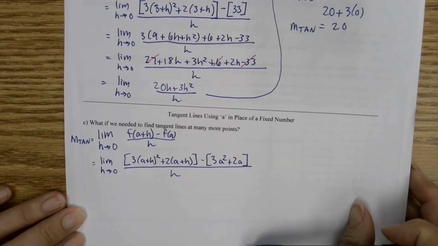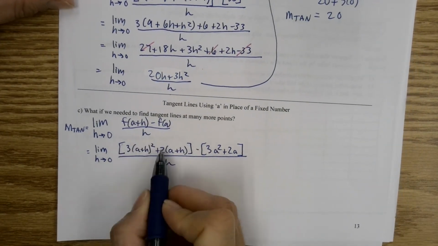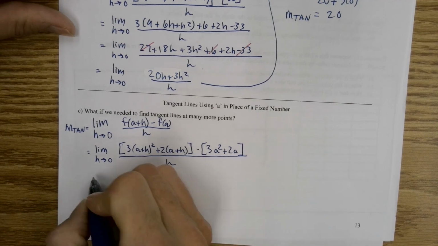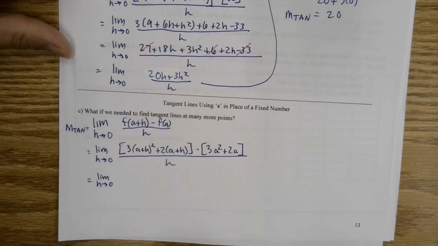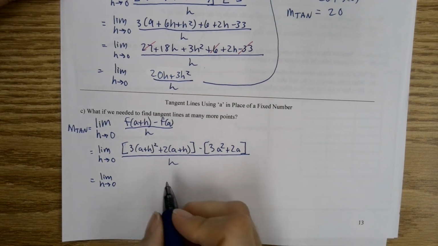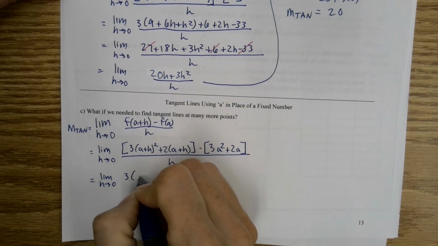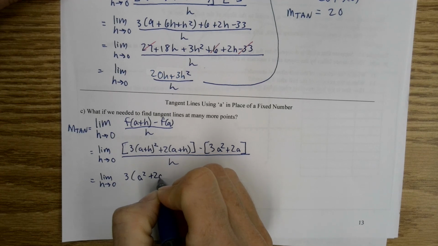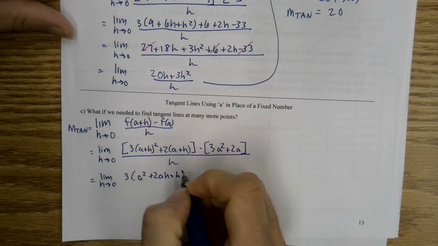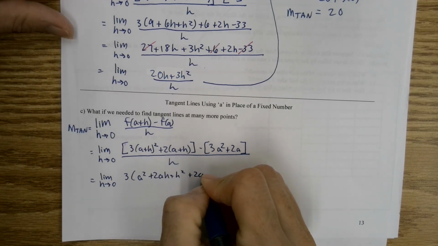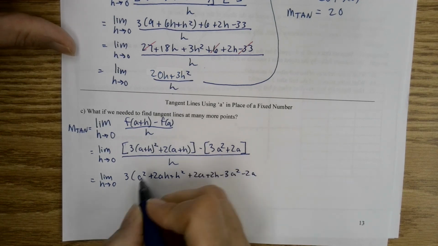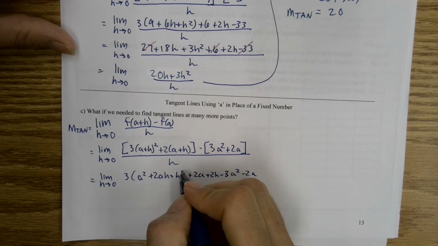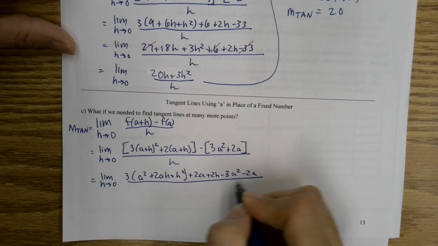Okay, now I'm going to simplify this by expanding out and adding like terms. Just like we did earlier with numbers, but we're trying to work smarter. Oh, I forgot to close off that parentheses there.